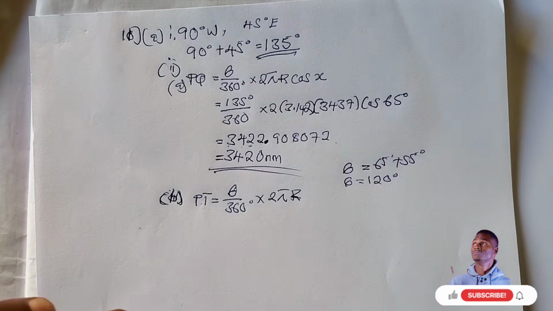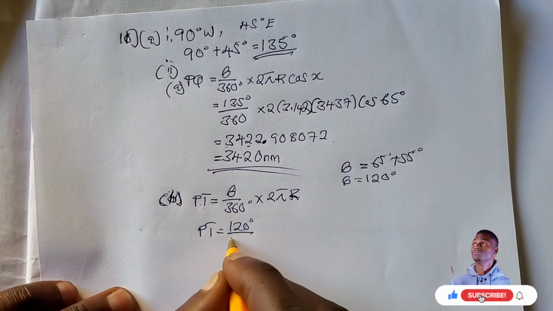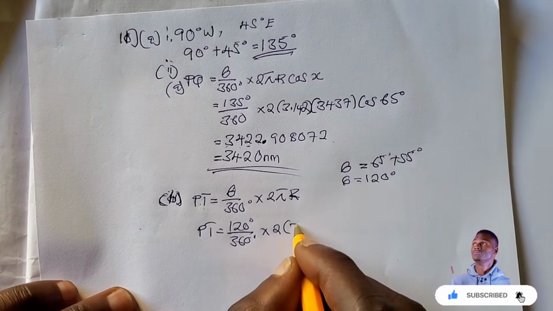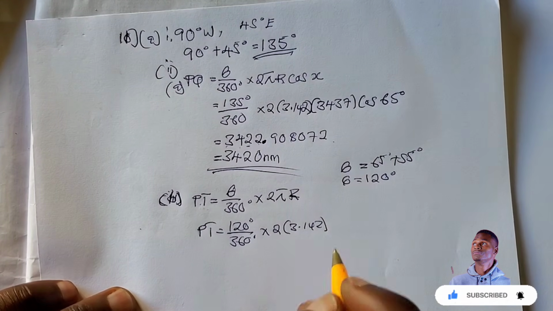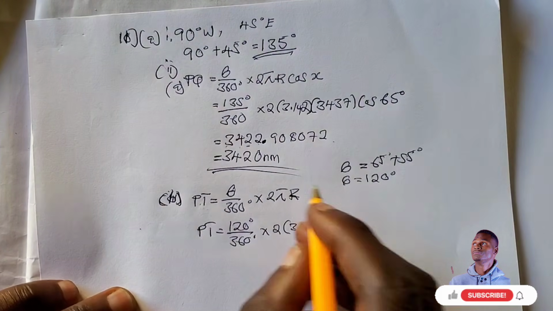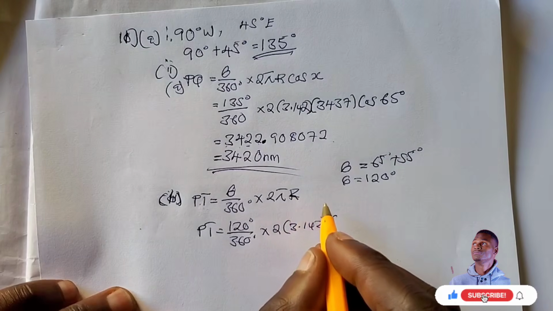Now PT is equal to 120 degrees over 360 degrees times 2 times 3.142. Don't waste time. When you're writing, you have to be sharp, fast and accurate.